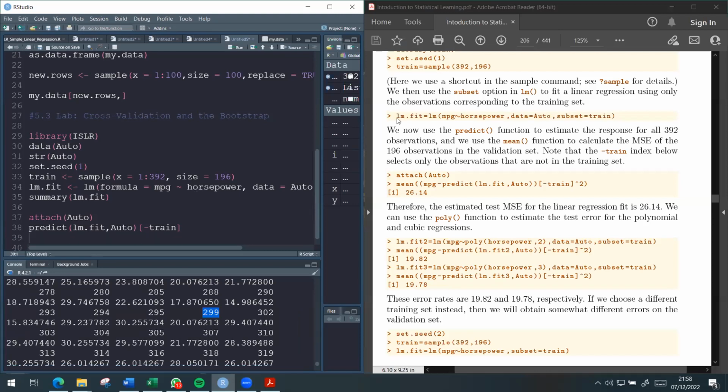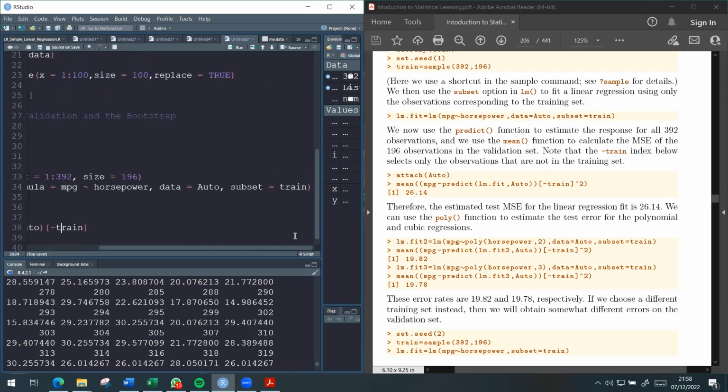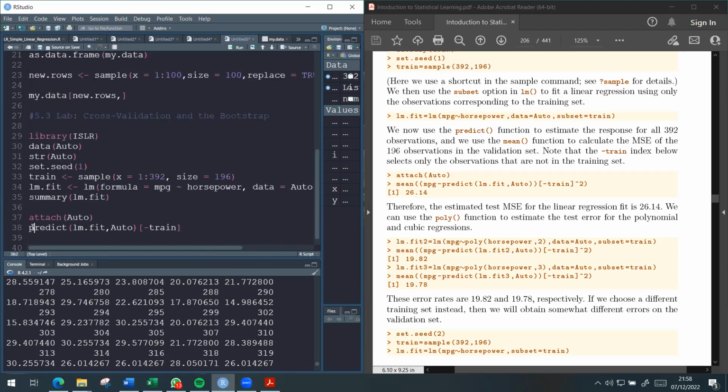So our LM fit wasn't on the training, but aren't I now doing predict but exclude train?